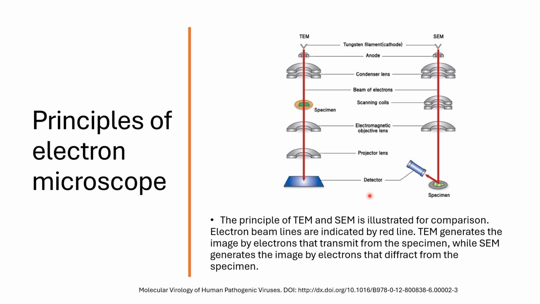Here, in these images, the principle of TEM and SEM is illustrated for comparison. Electron beam lines are indicated by the red line. TEM generates the image by electrons that are transmitted from the specimen, while SEM generates image by electrons that diffract from the specimen.